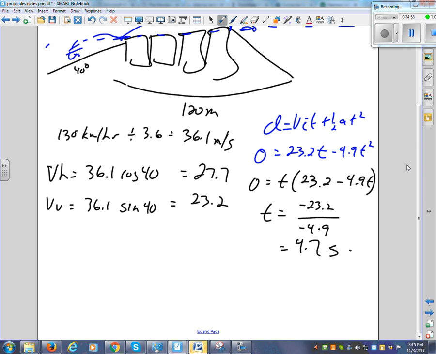That was the time. 23.2 minus 4.9 t is 0. Right? Minus 4.9 t is equal to minus 23.2. Divide both sides by minus 4.9, right? You always divide by what you multiply.